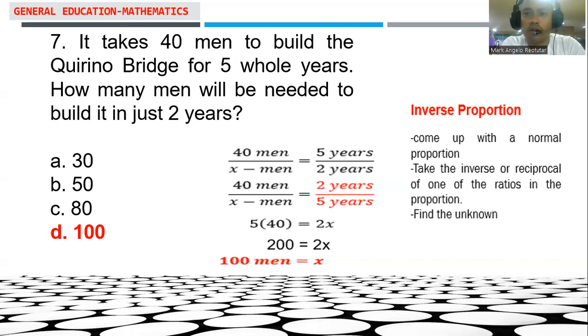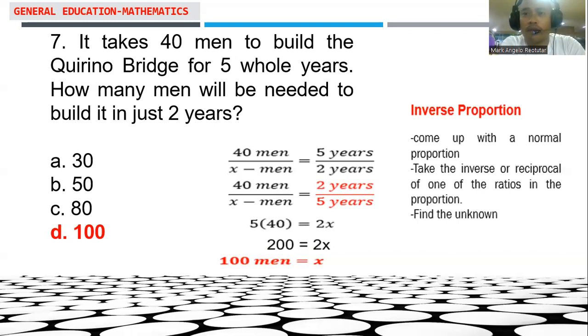Because the result will give you a lesser number of men who will build the Quirino Bridge in just 2 years. Okay? Since we know that 40 men ang kailangan para ma-construct yung Quirino Bridge for 5 full years. Pero, syempre, since they will only construct it in 2 years, dapat mas marami dapat na tao ang magtatrabaho dito.